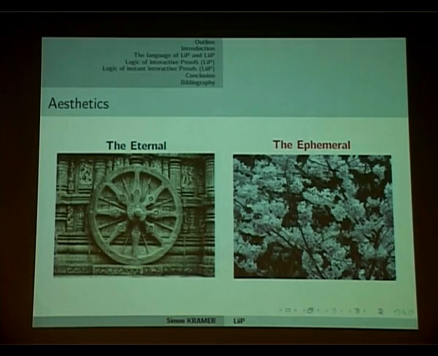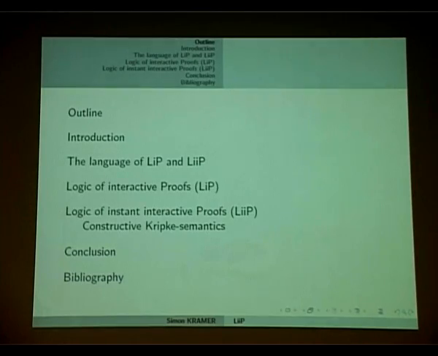Now, Japanese aesthetics is really about the ephemeral, the beauty of the ephemeral, and we have the cherry blossom, of course, that symbolizes this sense of beauty. So this is about Japanese beauty in some sense. I hope it's not too ugly, what I present.